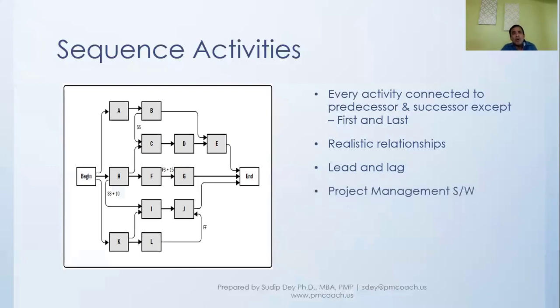Now, all this might look very complicated, and so might the developed schedule. But in reality, when we are running a project, all this will be done through project management software.